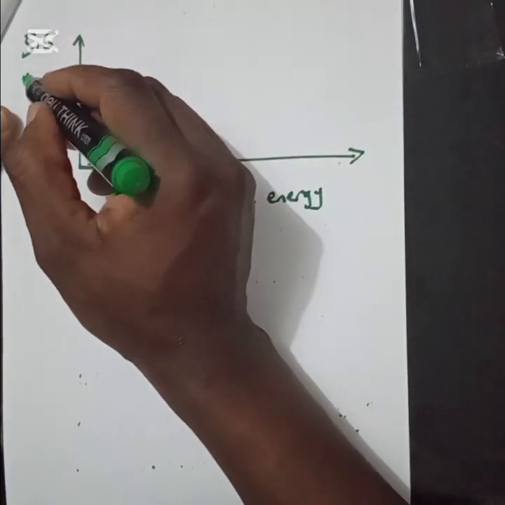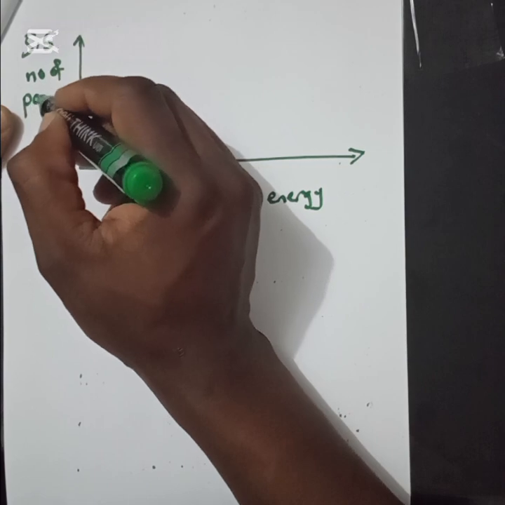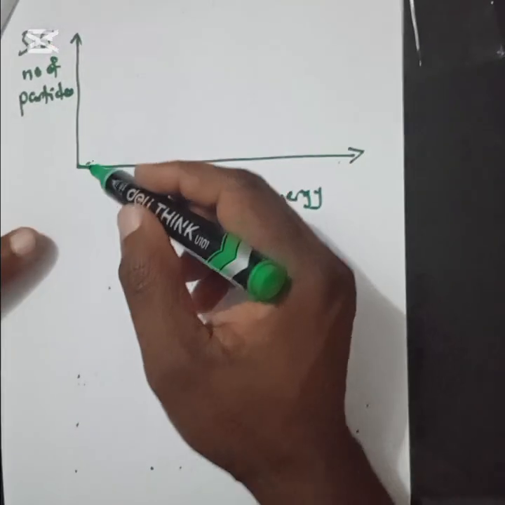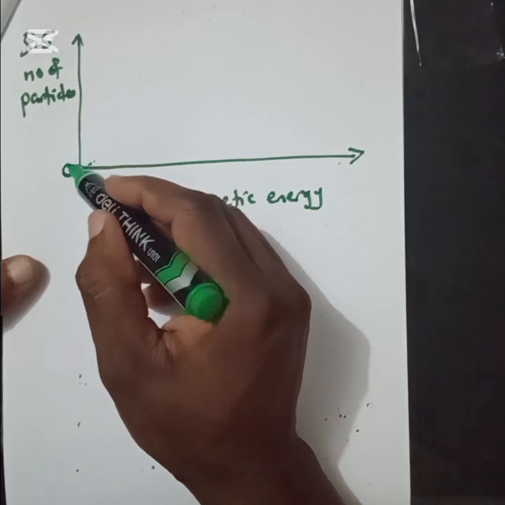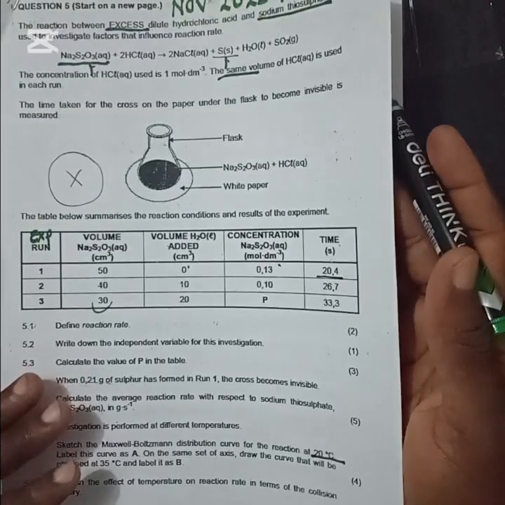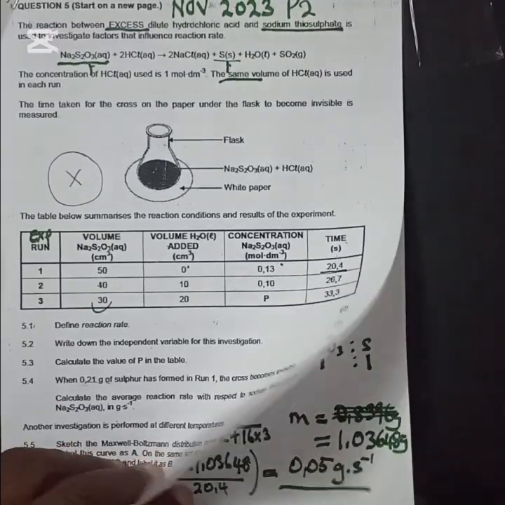On the y-axis, number of particles. Our axes start from 0. I'm going to start with the graph for a temperature of 20 degrees Celsius.